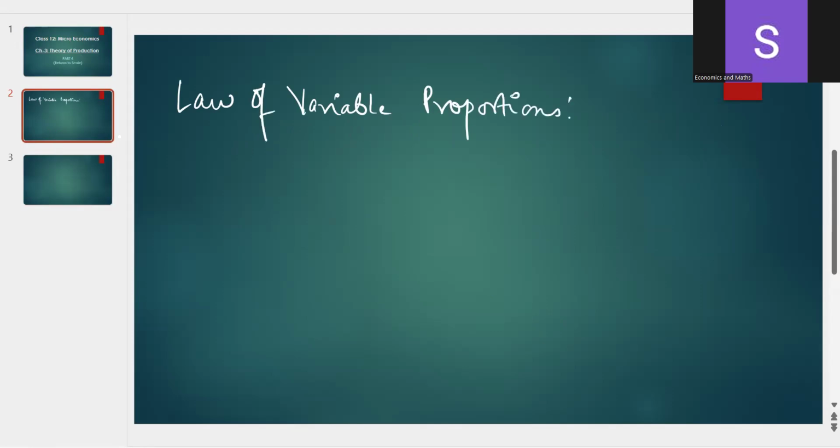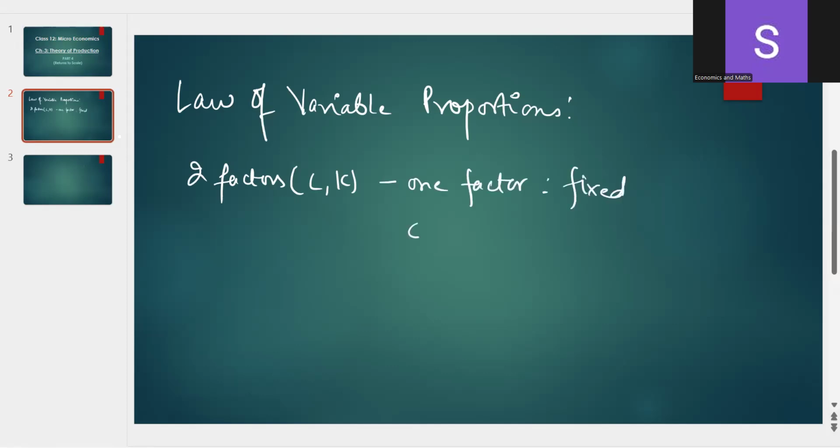The law of variable proportions arises because we have two factors, let's say L and K, where we consider that one factor remains fixed and the other factor remains variable.